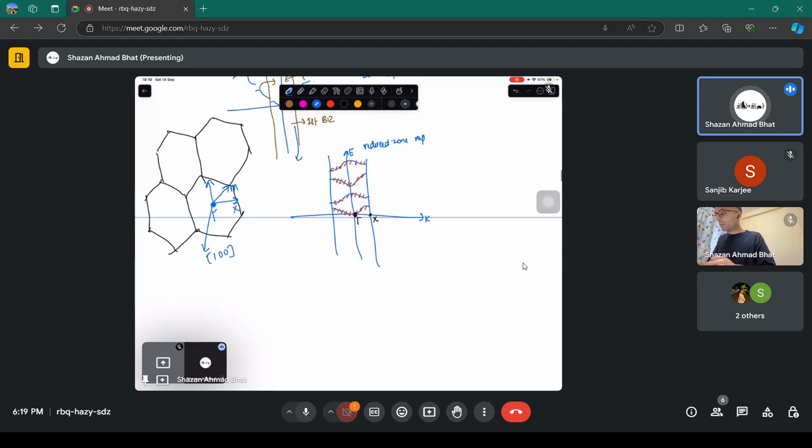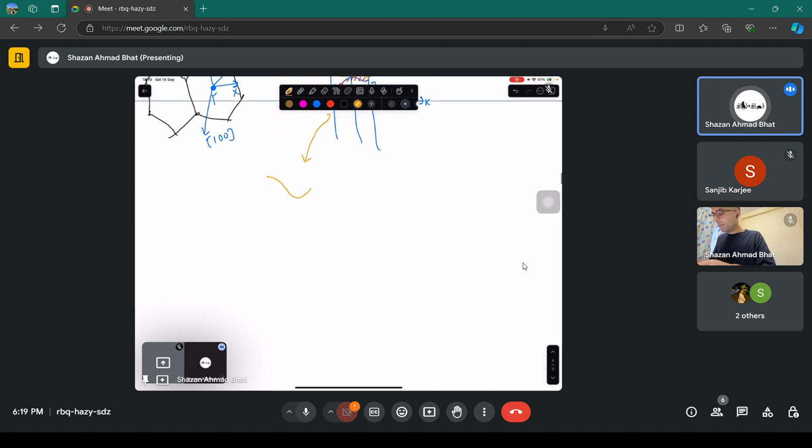So that is the representation shown by the reduced zone representation, and you get these energy band gaps. What you do is call the bottom of this band the conduction band, and the maximum of this band the valence band, and you get this picture of a conduction band and a valence band.